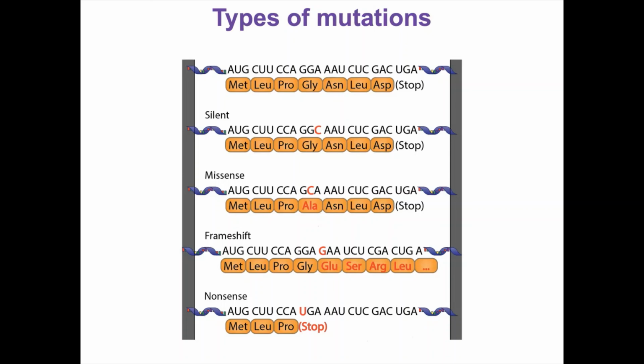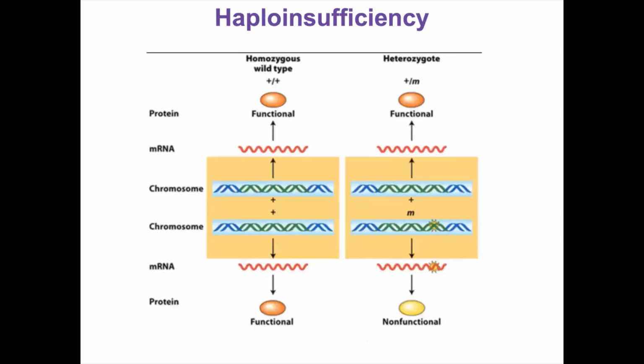But up to now, all the evidence points to the fact that all of these mutations cause disease by a mechanism that is referred to as haploinsufficiency. And so that is sort of pictured here.